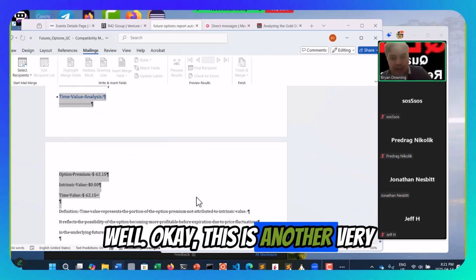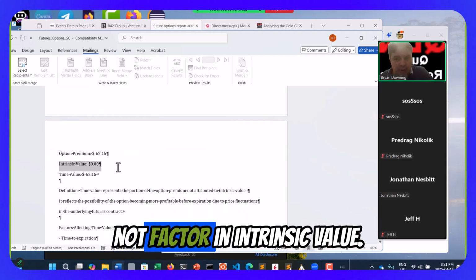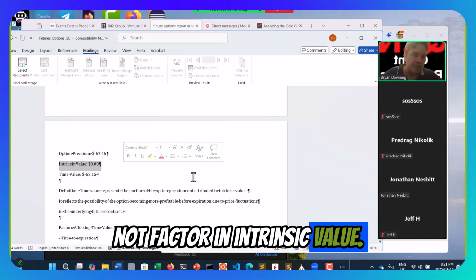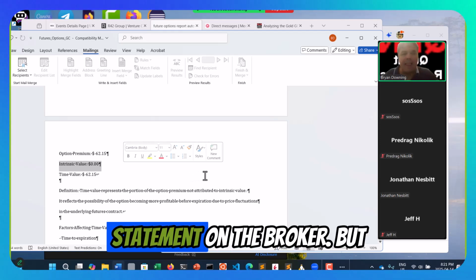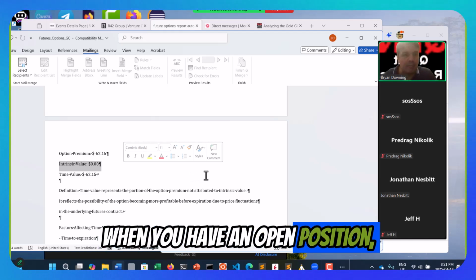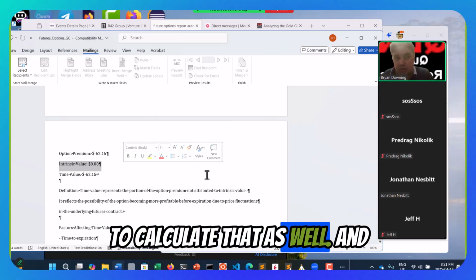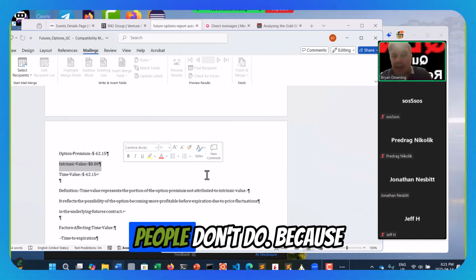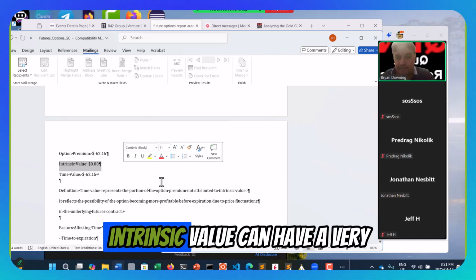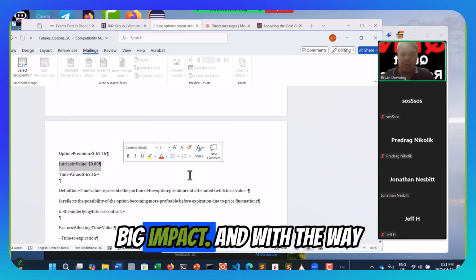Okay. This is another very important definition people do not factor in: intrinsic value. Everyone looks at their statement on the broker, but when you have an open position, that's intrinsic value. You need to calculate that as well. And that's something a lot of people don't do because the intrinsic value can have a very big impact.